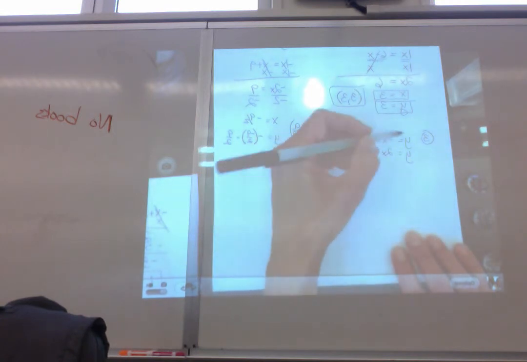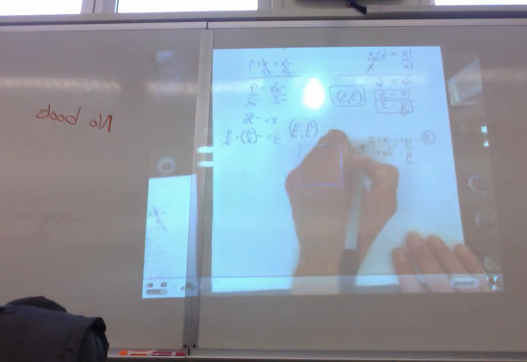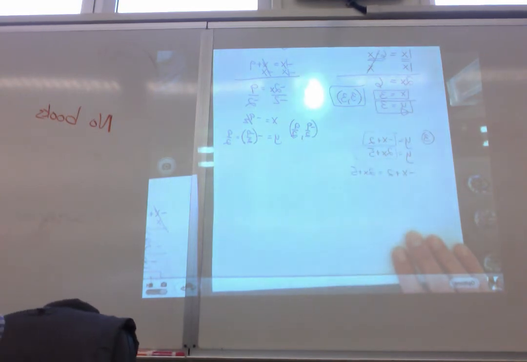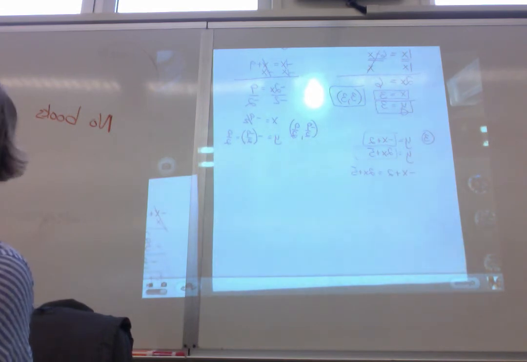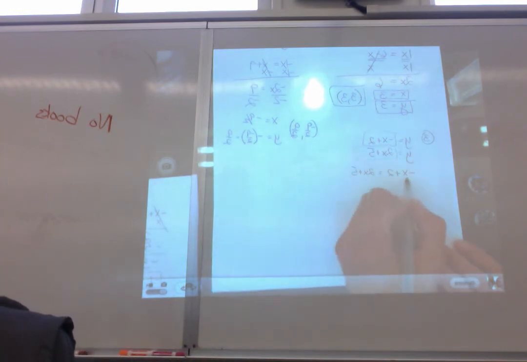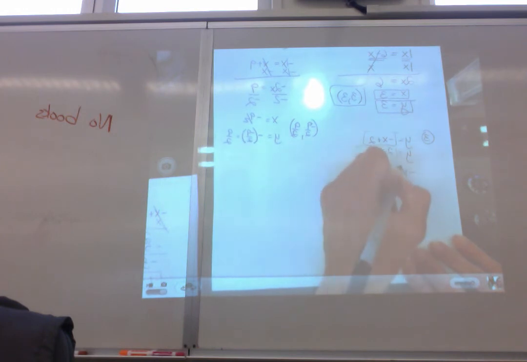First, because they're both equal to y, we can set this piece equal to that piece. Second, we need to move things around to get x's on one side, y's on another. I'm going to start by adding an x here. That gets rid of that negative. I'm going to add it to the other side.